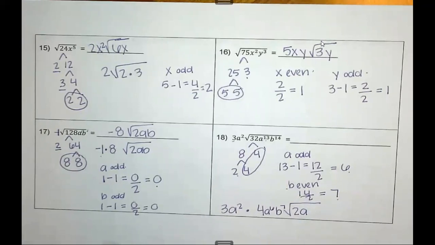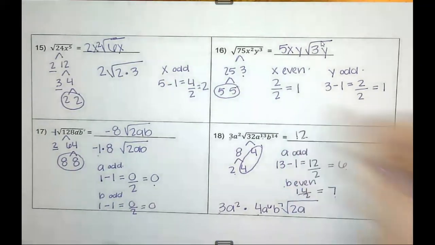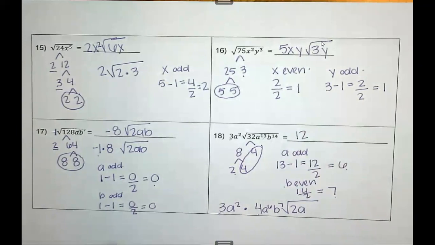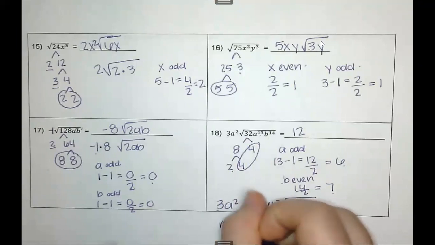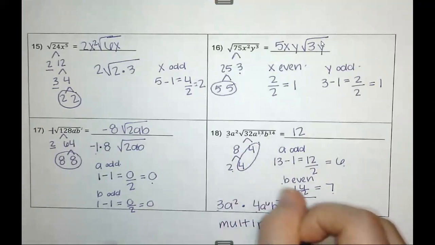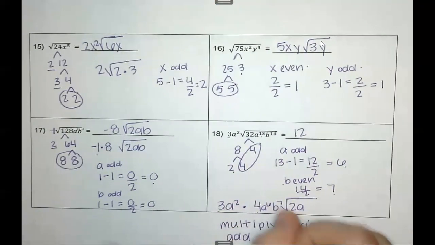So now we have to simplify. This was already out. Here is what we pulled out. We have to multiply those things together. So we're going to do the numbers first. So I have 3 times 4, which is 12. And then we deal with the variables. Remember, when you multiply variables, add their exponents.